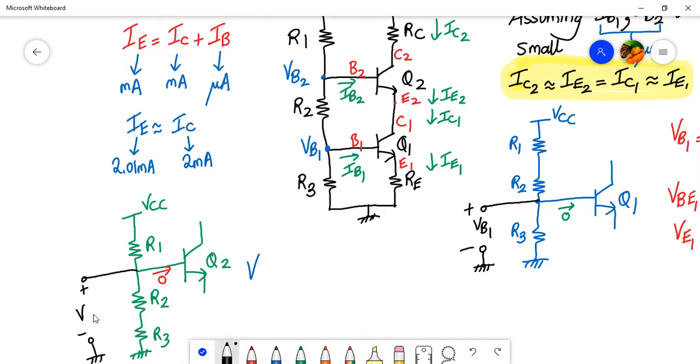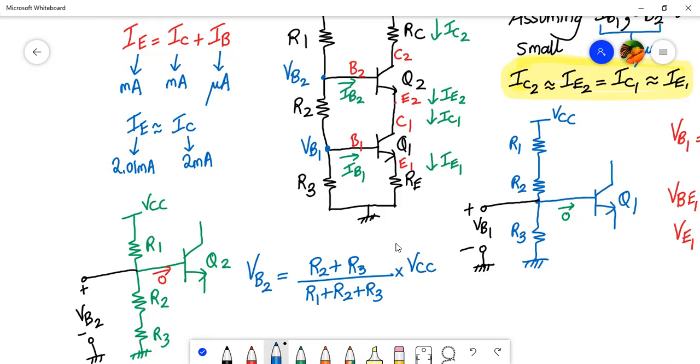So VB2 is equal to R2 plus R3 divided by R1 plus R2 plus R3, into VCC. That's the value of VB2.